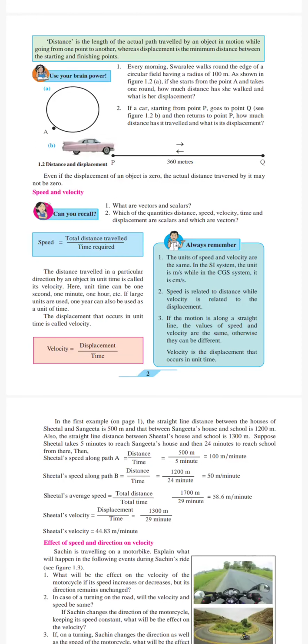Now speed is related to distance, and velocity is related to displacement. As already told you, distance is not the actual place; it moves from one place to another place, in an opposite direction here and there, turning the places, changing the places. But in the case of displacement, it only moves in a straight line, only in the same path.